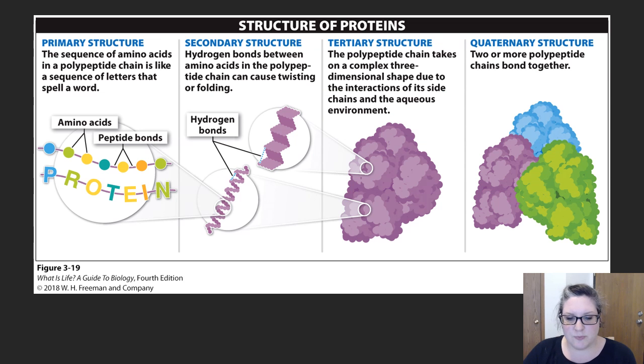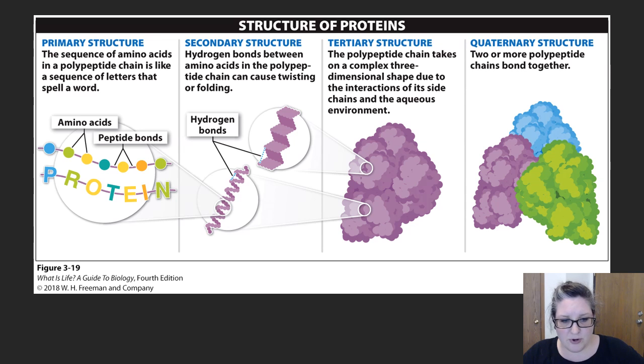Proteins are particularly special because their function is dictated by their 3D shape. Their shape is essential to their function, because if they lose that shape, then they can't work anymore. But there are 4 levels of organization of proteins. And I'm just going to cover these really briefly, but you should know a little bit about what they mean.